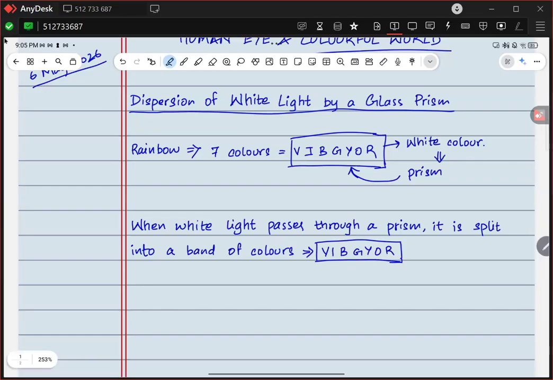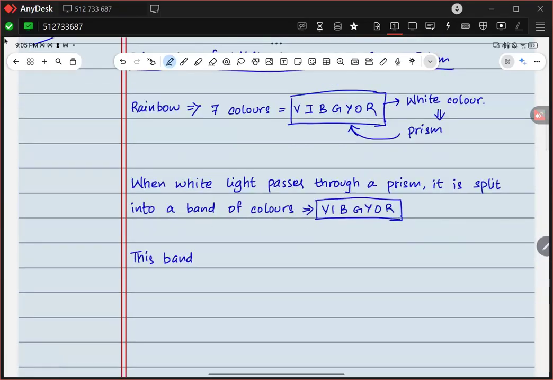Okay, so this band of color is called the spectrum.